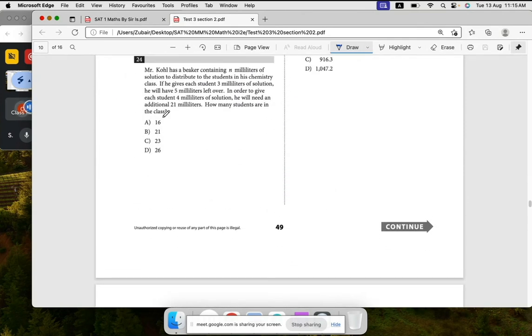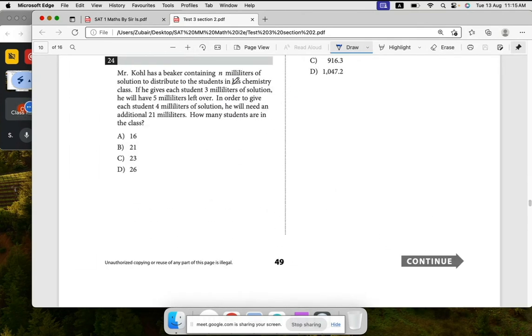Mr. Cole has a beaker containing n milliliters of solution to distribute to the students in his chemistry class. If he gives each student 3 ml of solution, he will have 5 ml left over. In order to give each student 4 ml of the solution, he will need an additional 21 ml. How many students are in the class? If he gives each student 3, this is 3n and 5 left, so that was the total solution.